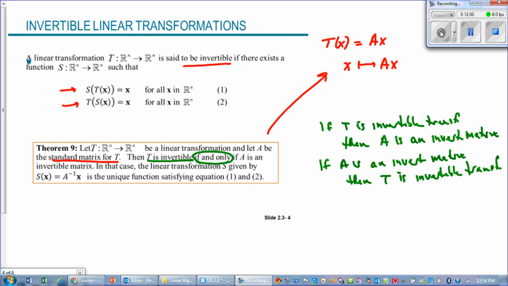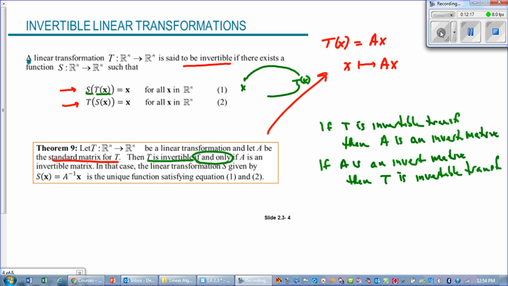Okay, so if we know that there's a function S that is reversing the transformation of T, so we started with an X here, T of X was in the codomain.